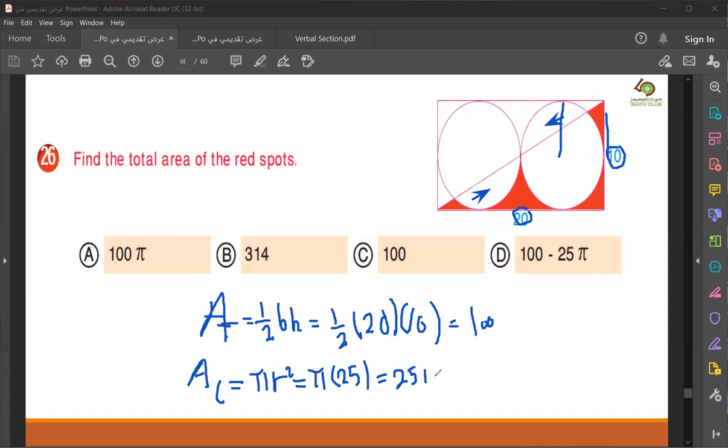Then the area, you subtract: 100 minus 25 pi. The answer is D, because the shaded area will be the area of the triangle minus the area of one circle. So the area equals 100 minus 25 pi.